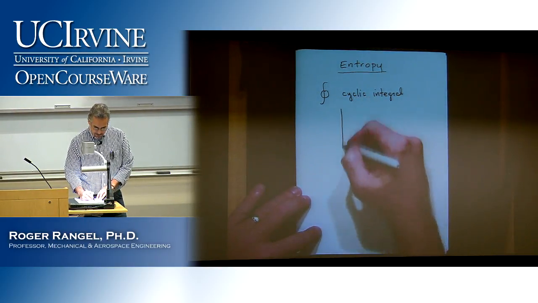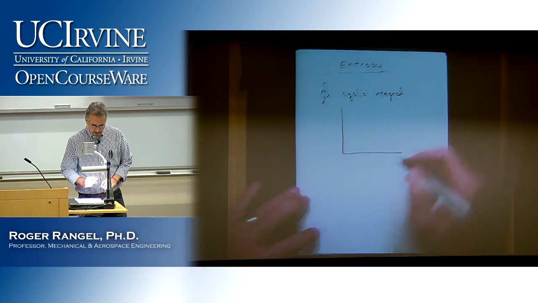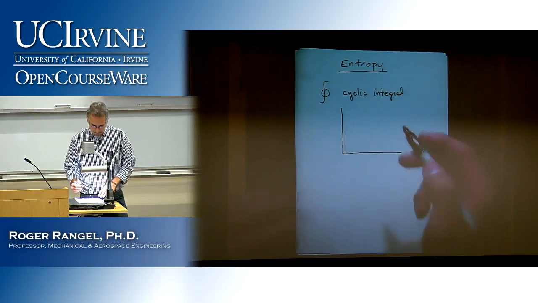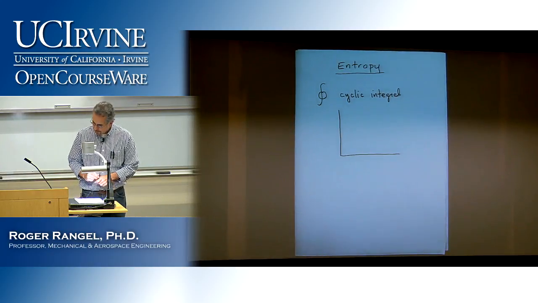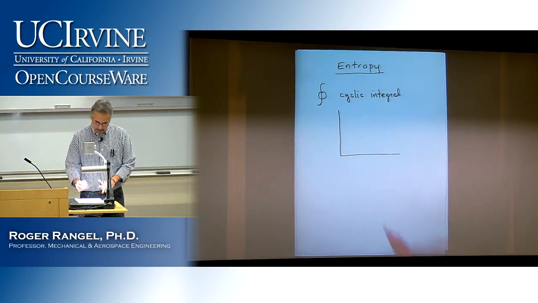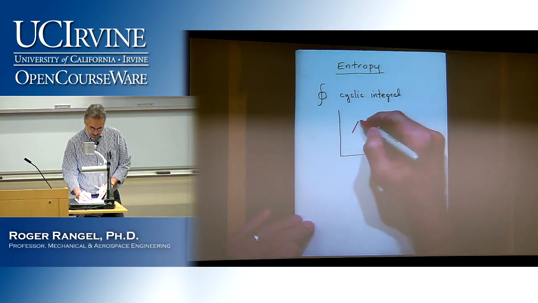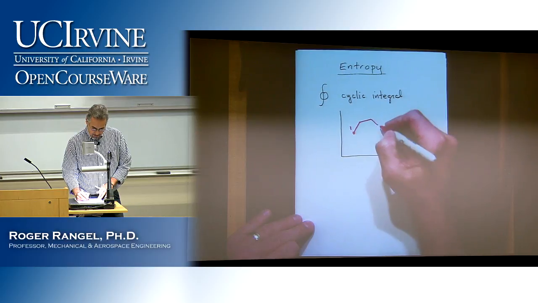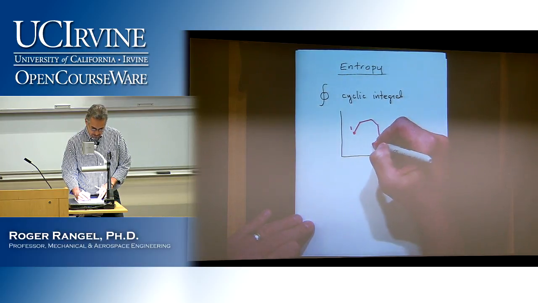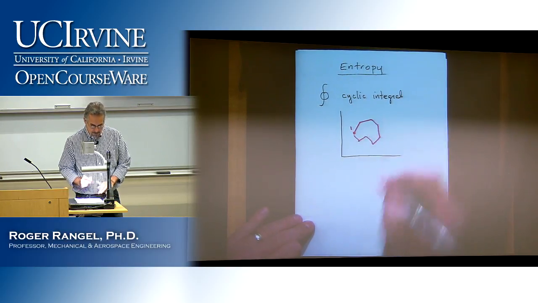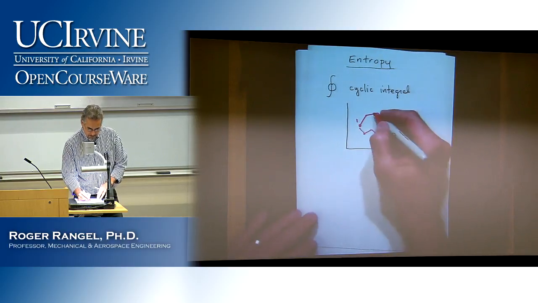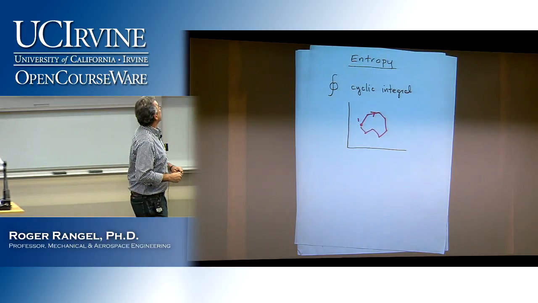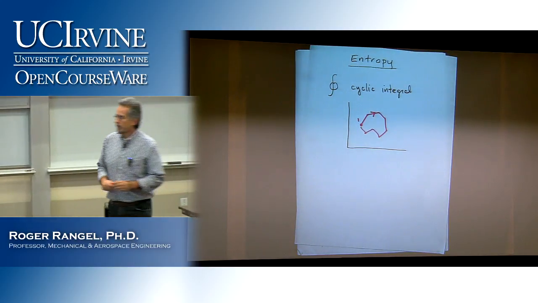So very simply, if you have a cycle, here's a two-property diagram, any two properties, and then you have a system that goes through a series of processes. Maybe it starts here at 1, and it does different things, but eventually comes back, so that I can have many sub-processes making up my total cycle.